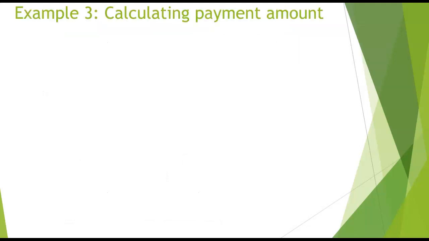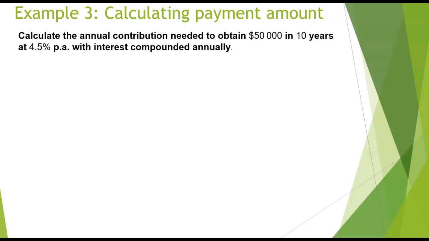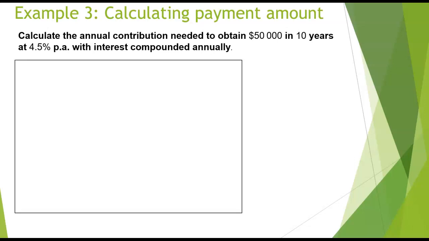Okay, example 3, calculating the payment amount. So calculate the annual contribution needed to obtain $50,000 in 10 years with 4.5% per annum compounded annually. So what do we know?